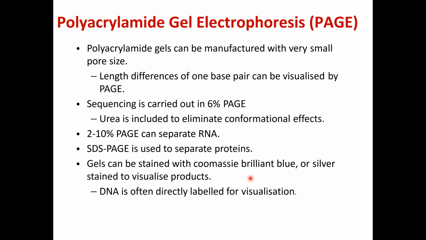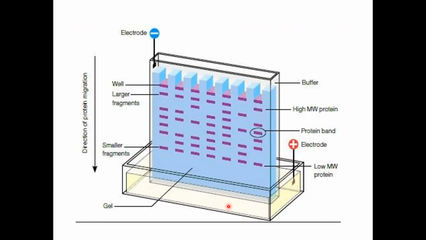In our laboratory, we use silver stain, but some laboratories use brilliant blue. It depends on the preferences that they have or the product that they have. This helps to visualize the migration of your products. This DNA is often directly labeled for visualization.